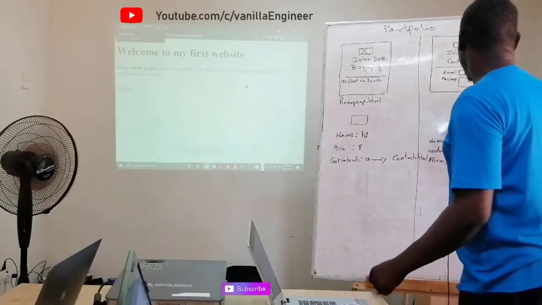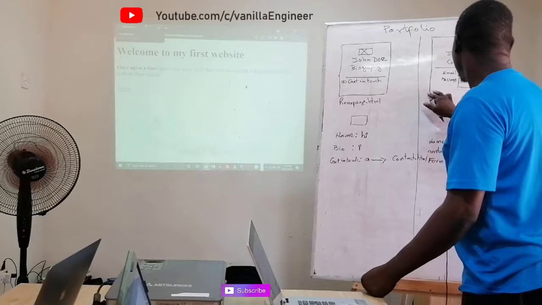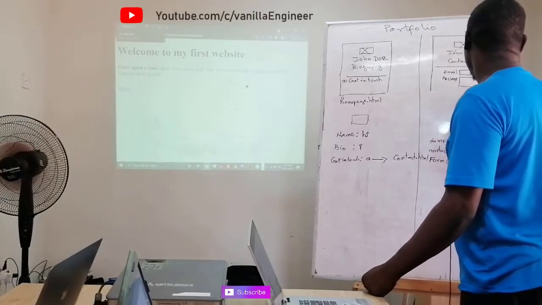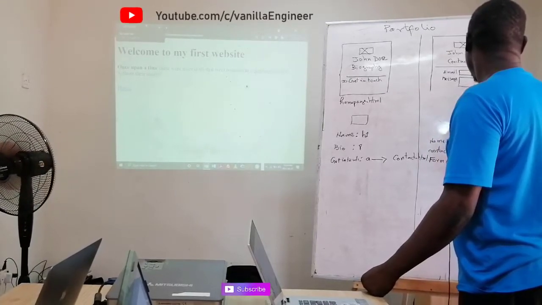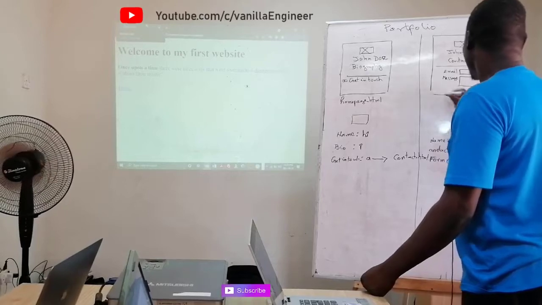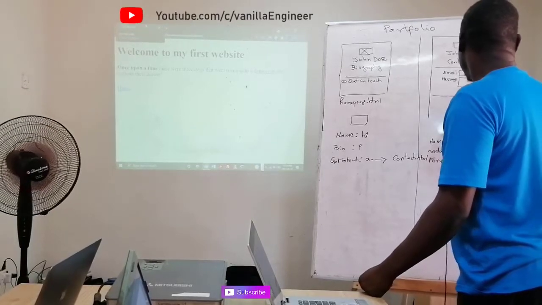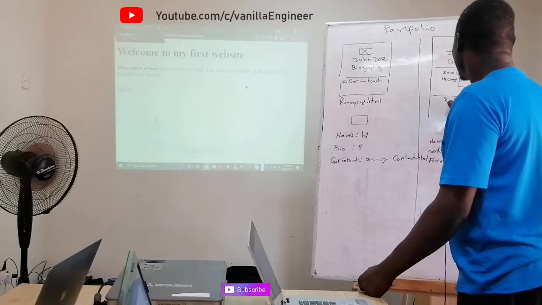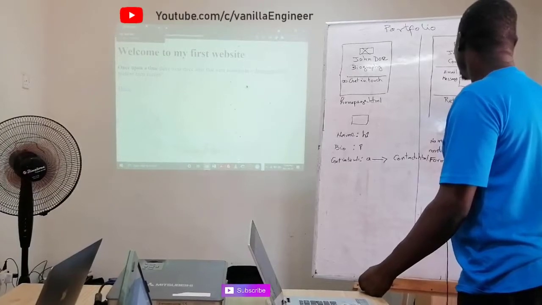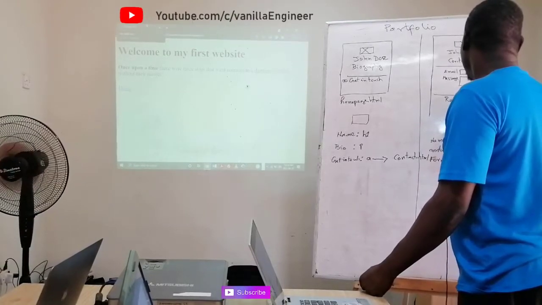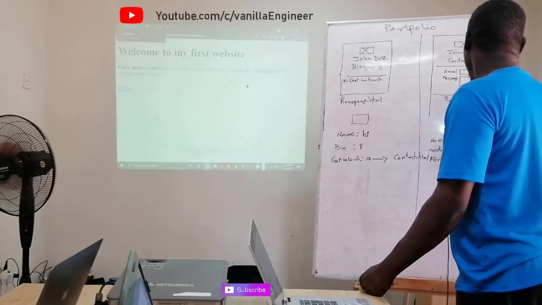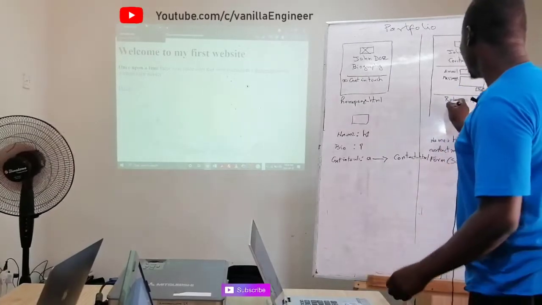Good. So under that, we are also going to add a link. So add another line again. This time around we'll say return to home. So this is a link.